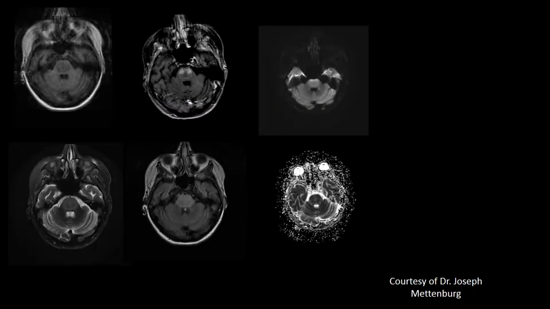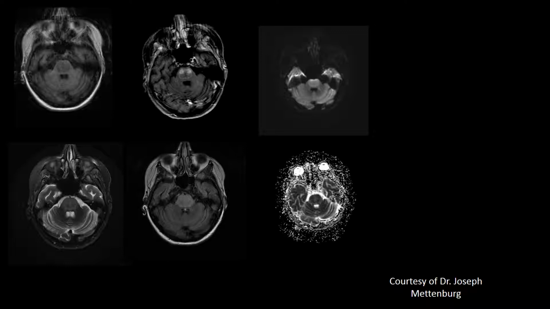Here's a 26-year-old woman with weakness and dysphagia. She had upper motor neuron signs and a history of alcohol use. Here are the images pertaining to that case: T1 pre- and post-contrast, DWI images, T2 and FLAIR images.